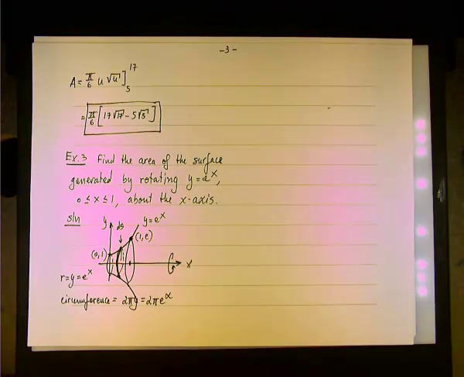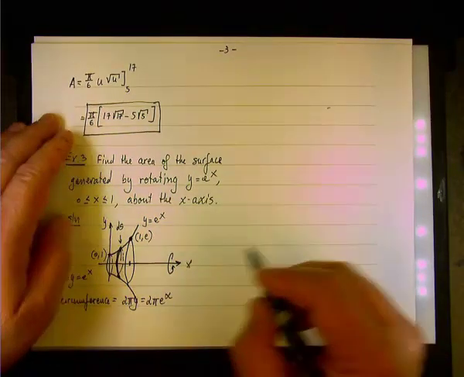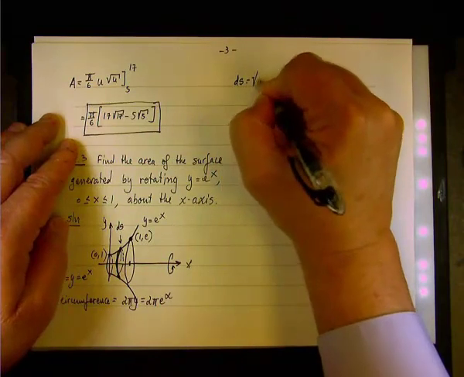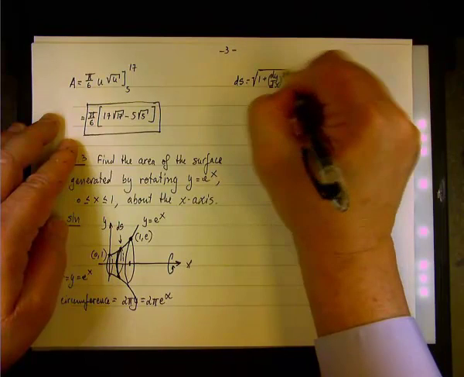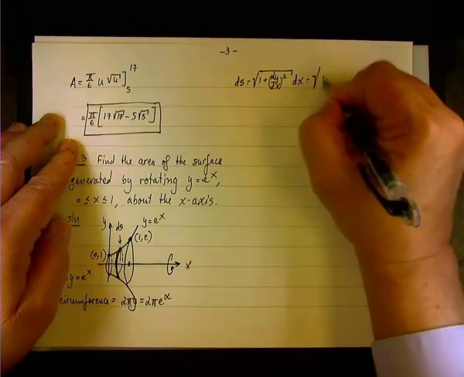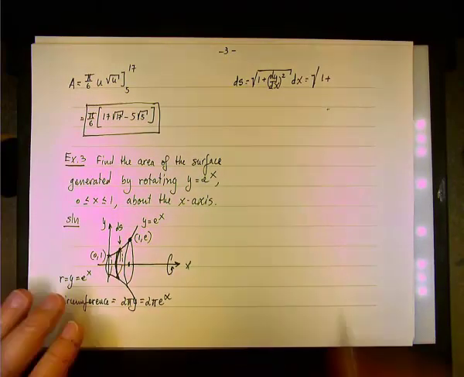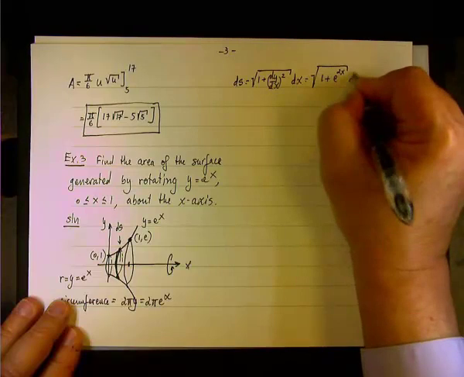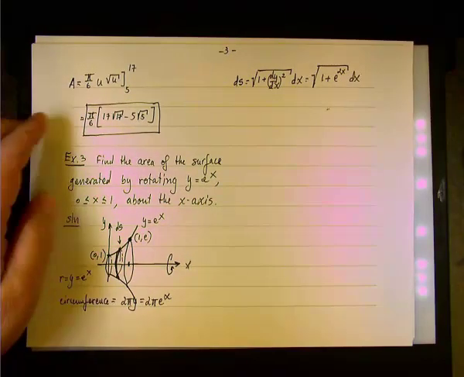And ds will be the square root of 1 plus (dy/dx) squared dx. So ds, in this case, equals the square root of 1 plus, and the derivative of e to the x is e to the x, when you square it, e to the 2x, dx.